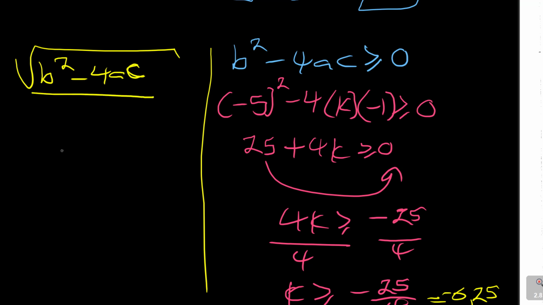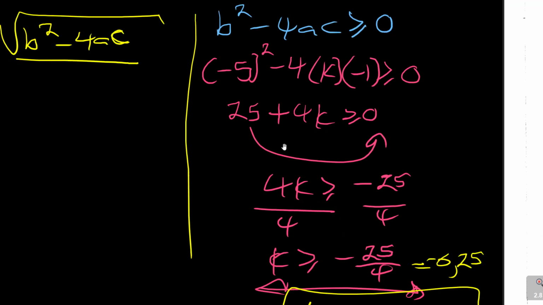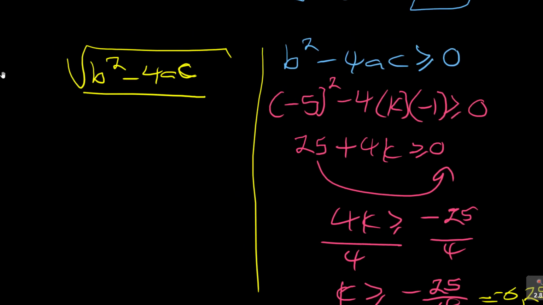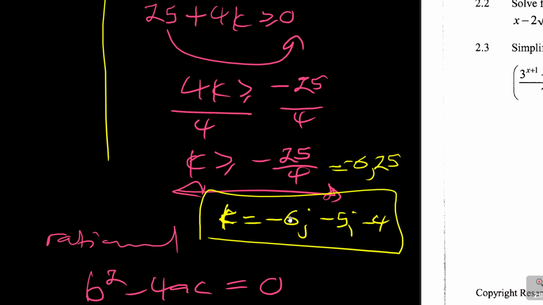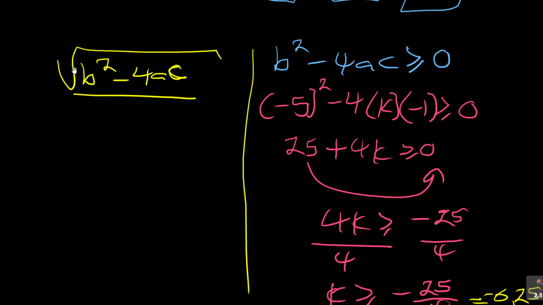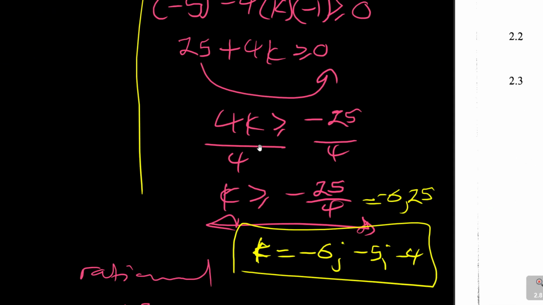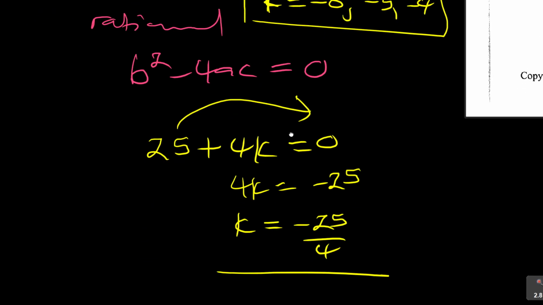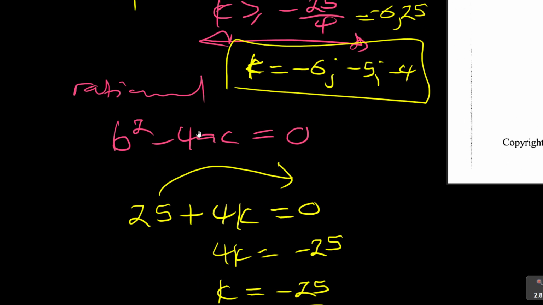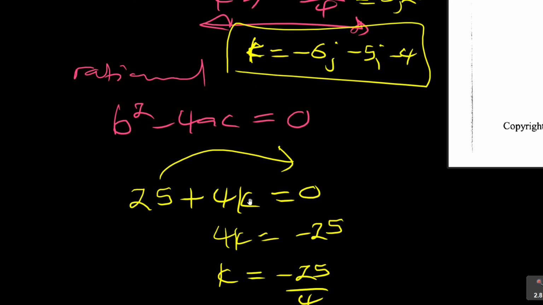That's why we are saying it must be a perfect square. So one of the numbers, if I put k as negative 6 here. Let's put k as negative 6.